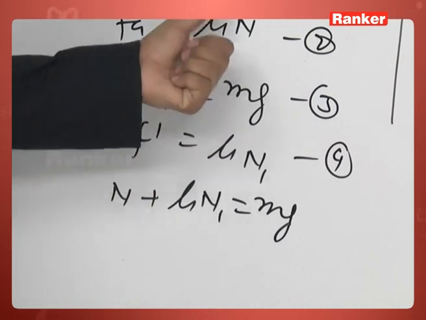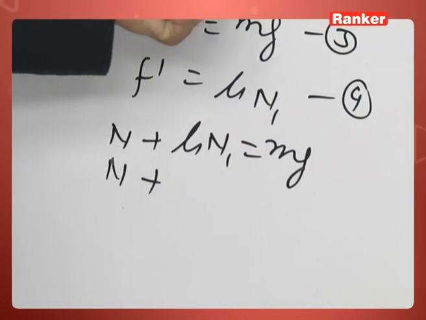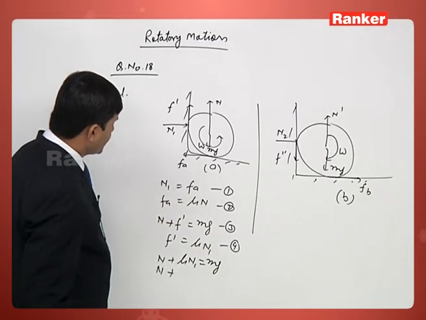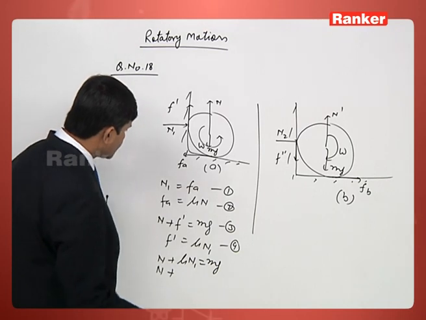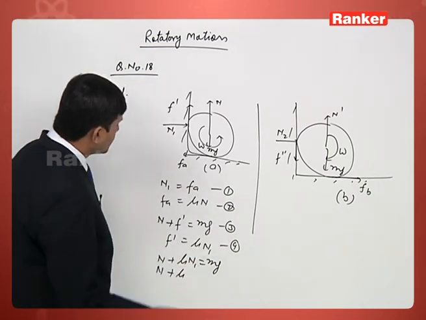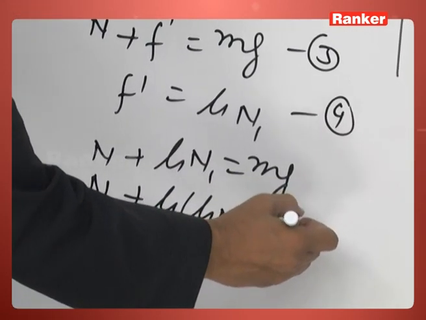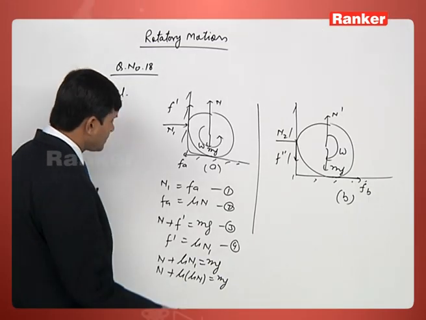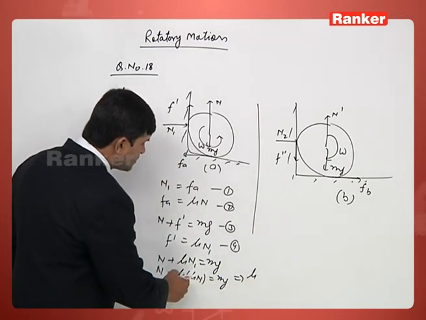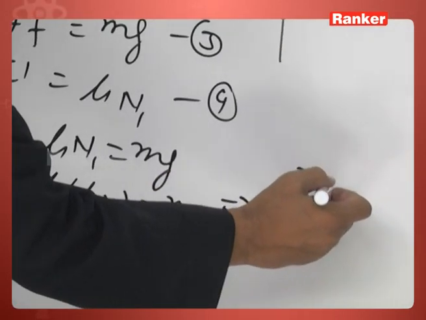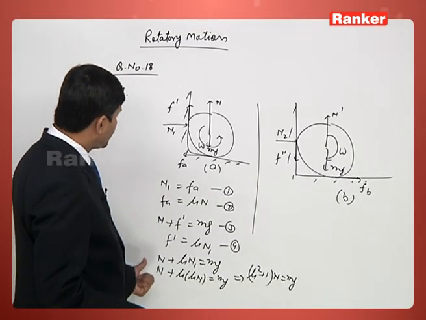Now N1 is Fa, and Fa is mu N again. So we have N plus mu square N, that is, (mu square plus 1) into N is equal to mg.